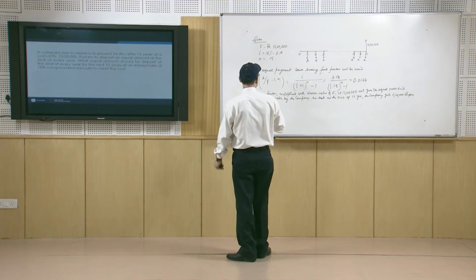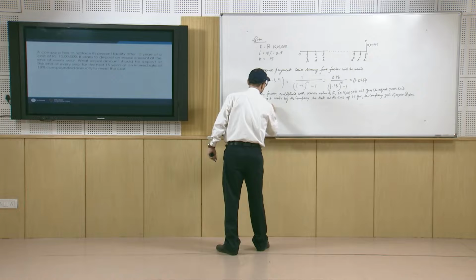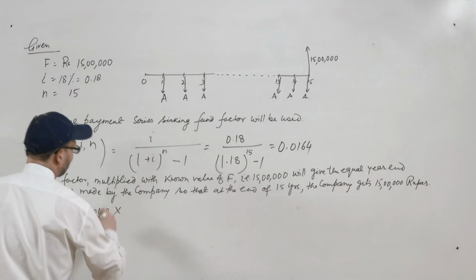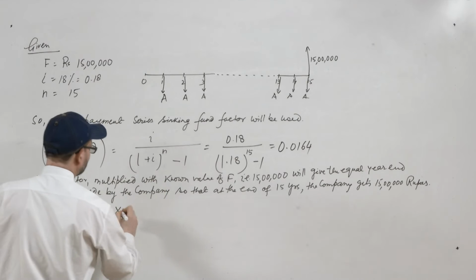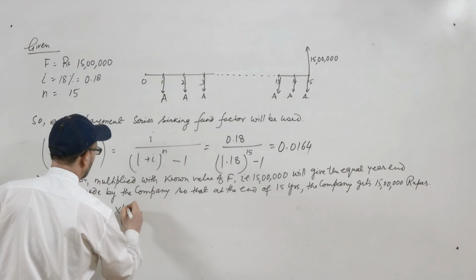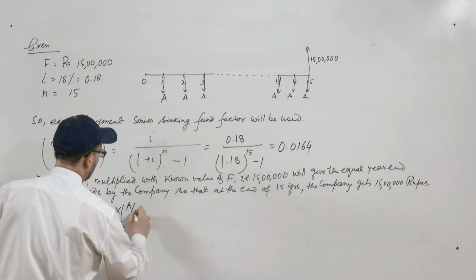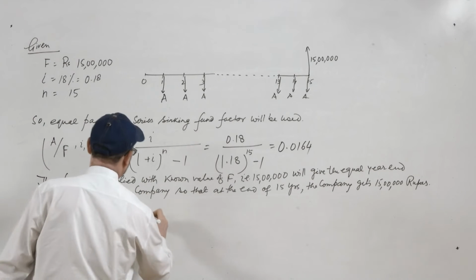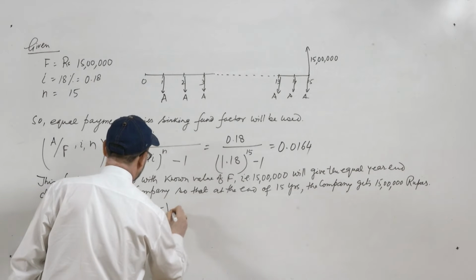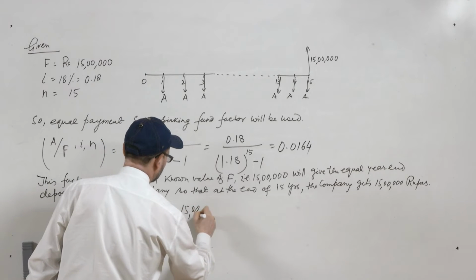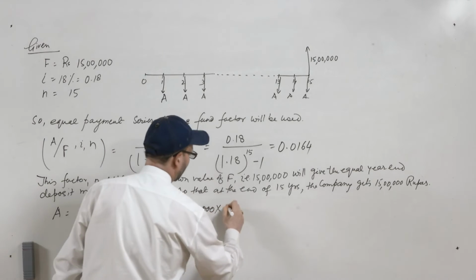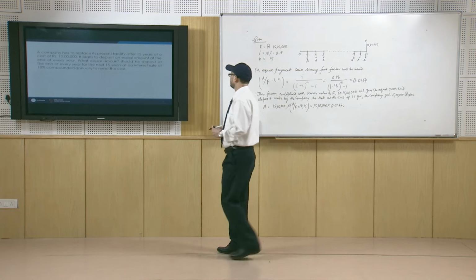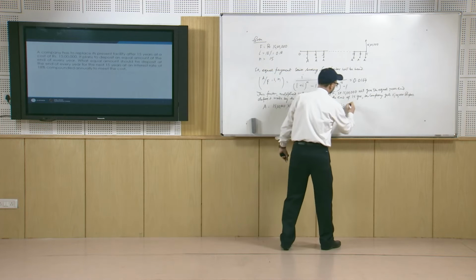So, that is why A will be 15 lakhs multiplied by this factor A by F at 18%, 15, that is 15 lakhs multiplied by 0.0164, and this comes out to be 24,600 rupees.